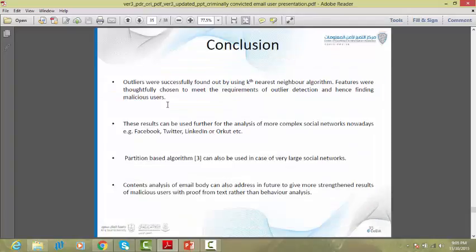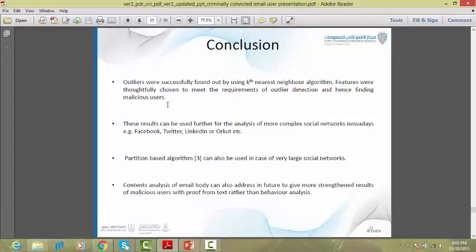So what is the conclusion? Outliers were successfully found by using the KNN algorithm. Features were thoughtfully chosen to meet the requirements of outlier detection and hence finding the malicious user. These results can be used further for analysis of more complex social networks.